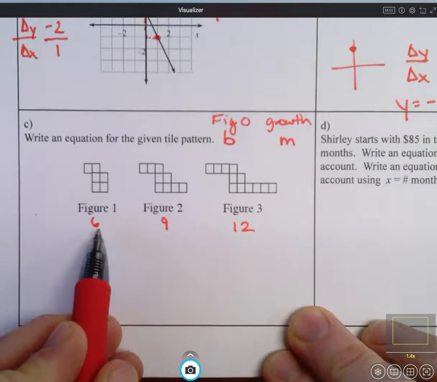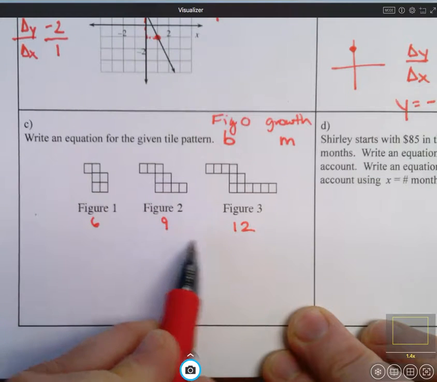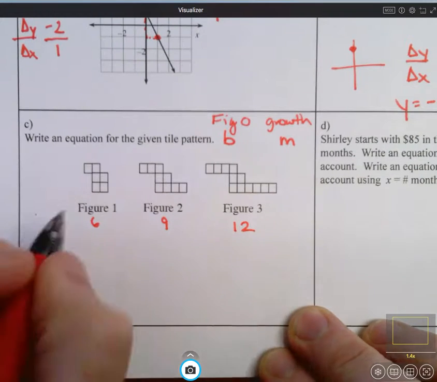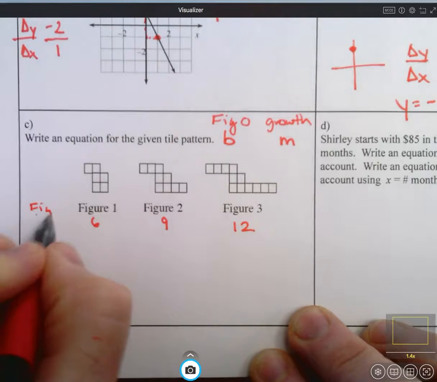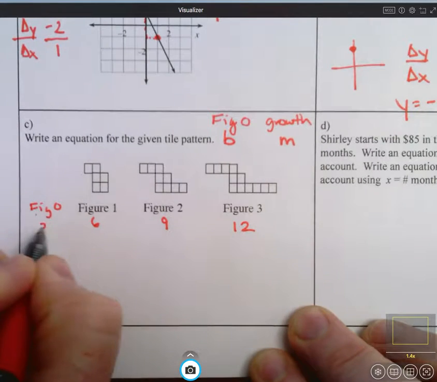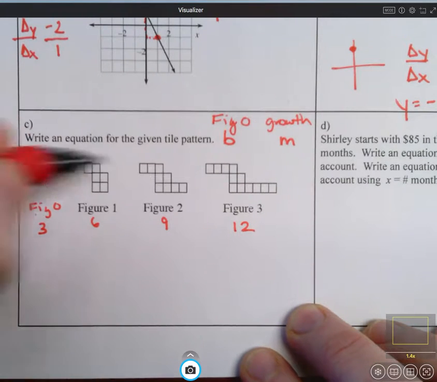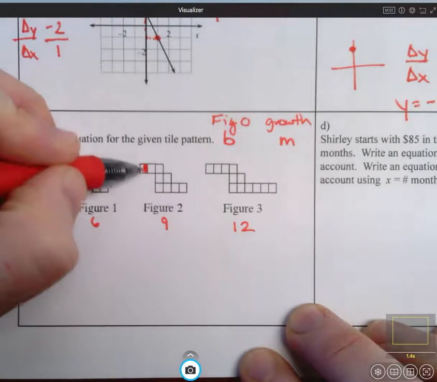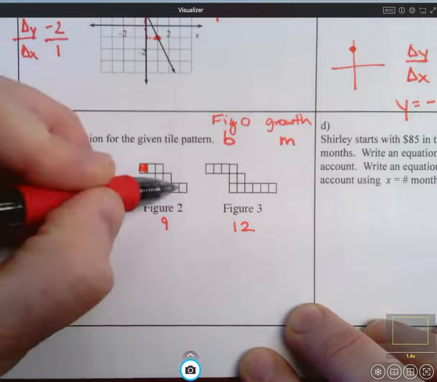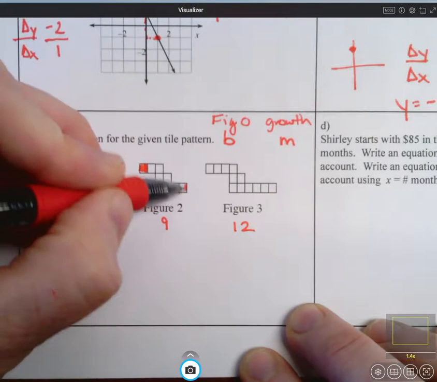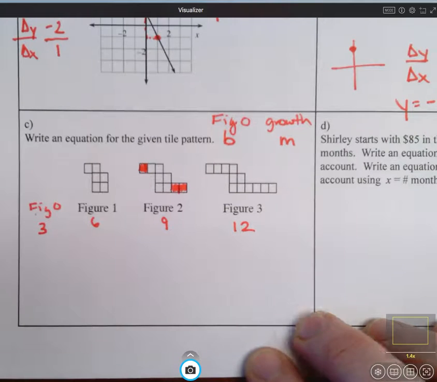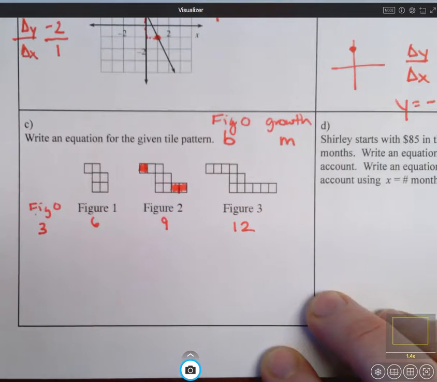Okay, so it looks like I'm going up by 3. So figure 0 would have 3. And then let's see if we can find where the growth is happening just visually. So it looks like this one got added, and these 2 got added. You don't necessarily have to do this, but it might help for some of you visual learners.